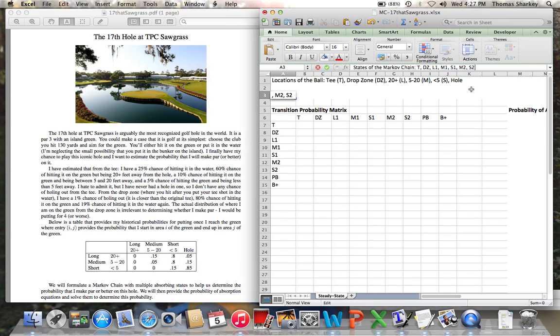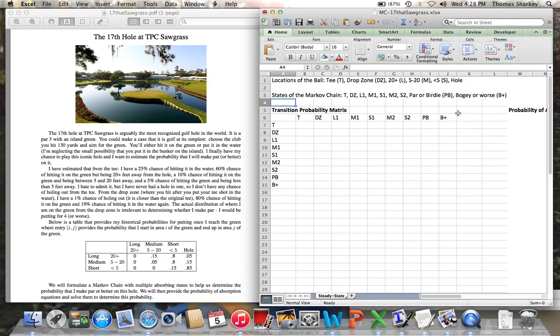So we have M2, S2, and then we're going to add in 2 more states. We're going to add in our par or birdie state, and we're going to shorthand that PB. So that basically means that I hole out in 2 or 3 shots, and then we're going to have our bogey or worse state, and we're going to signify that as B+.